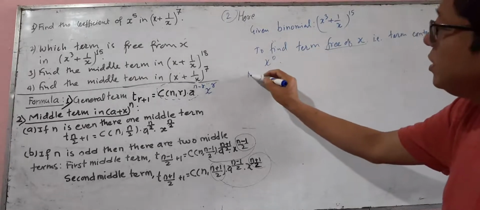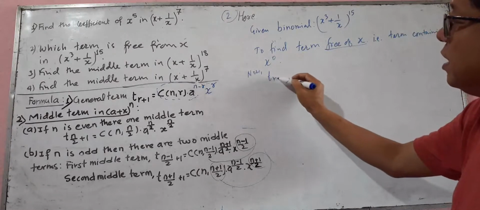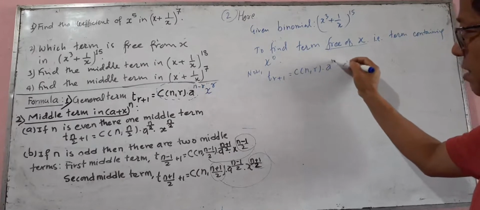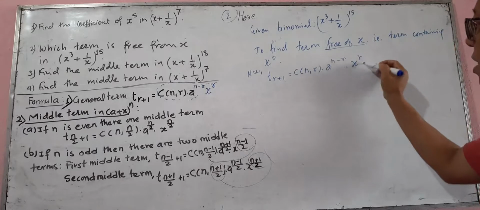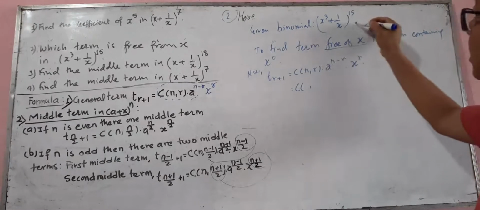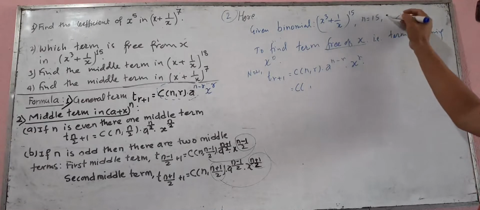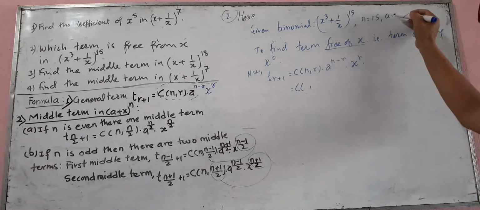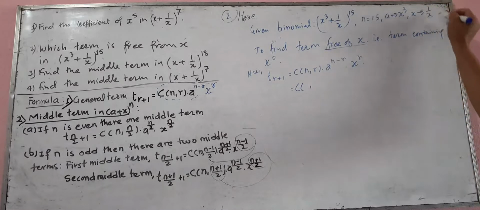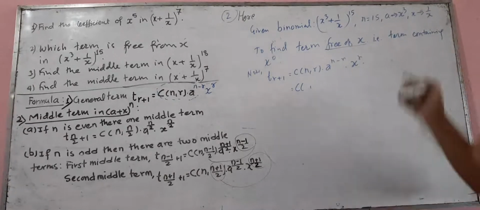So again we start from the general term. T_{r+1} is C(n,r) times a^(n minus r) x^r. So C(n,r), n is how much? n is 15 and a is x cube, and x is 1 by x. Is that clear?